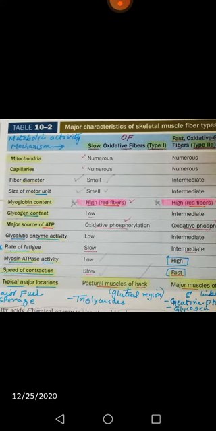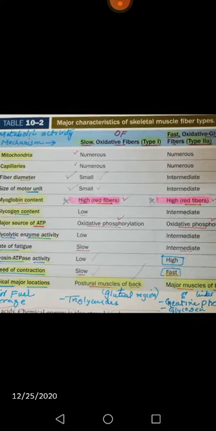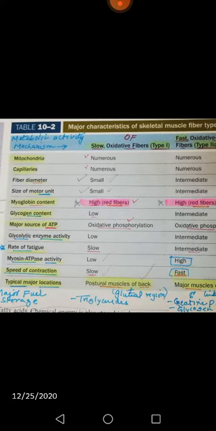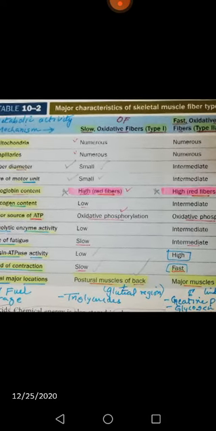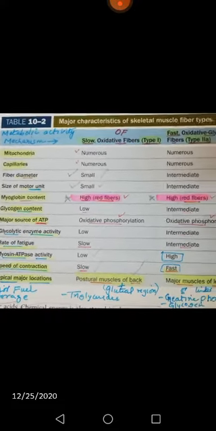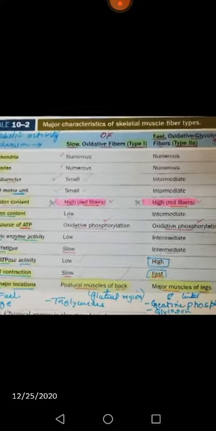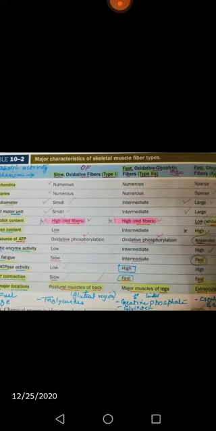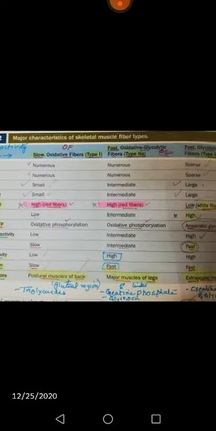Glycogen content is a little bit more. Oxidative phosphorylation takes place, but the glycolytic enzymatic activity is intermediate. The rate of fatigue is also intermediate. The source of fuel is creatine phosphate and glycogen.